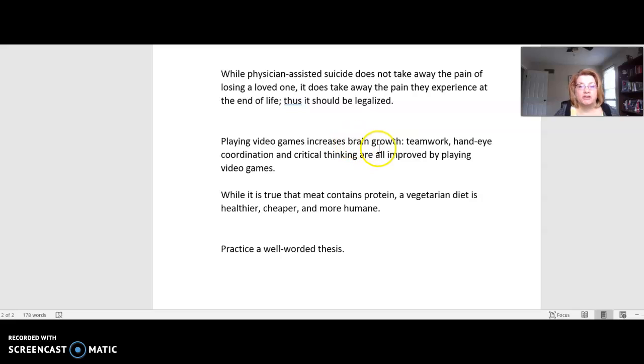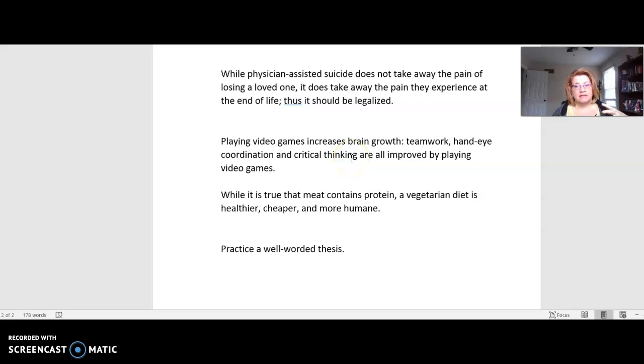Same thing here: playing video games increases brain growth; teamwork, hand-eye coordination, and critical thinking are all improved by playing video games. That paper has to make some connection between video game play and teamwork improving, between video game playing and hand-eye coordination skills, and then critical thinking.